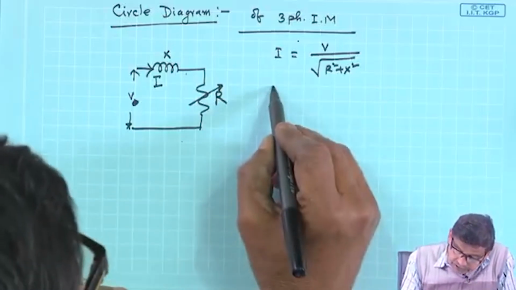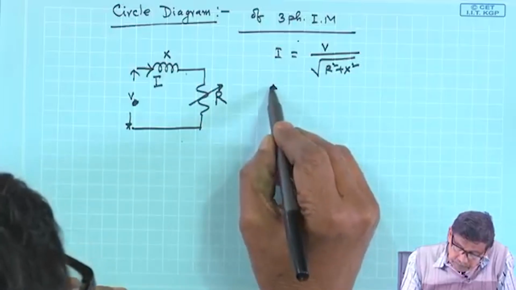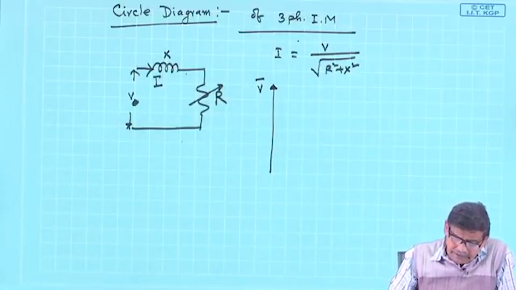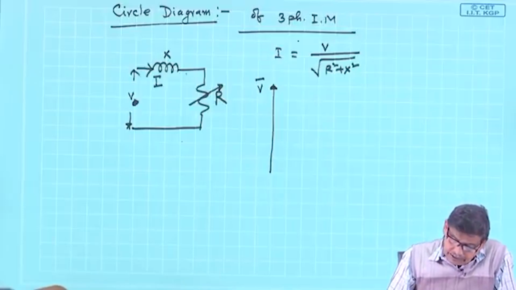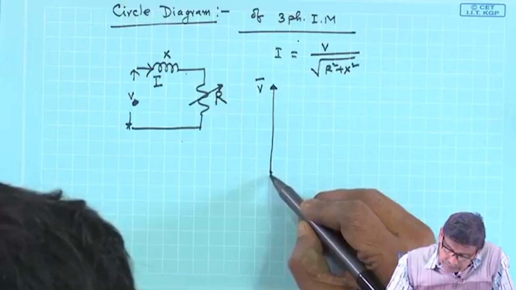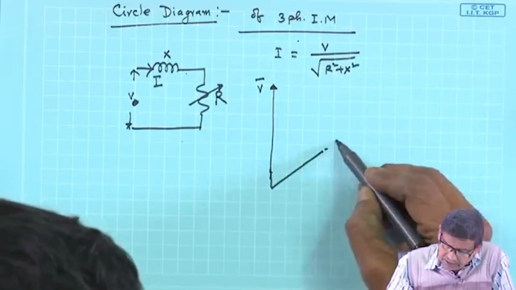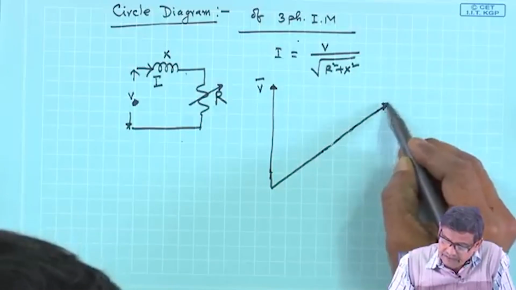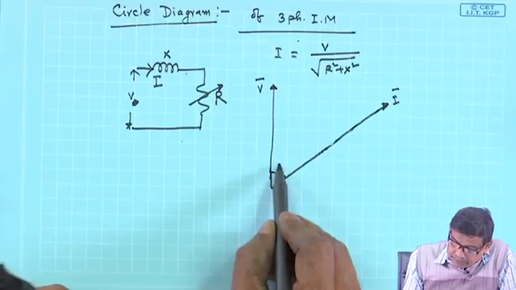Suppose this is your supply voltage phasor V, and suppose R is having some finite value. Then the current, I know, will be lagging V. Along this line the current phasor I exists, and this is the power factor angle by which it will lag.